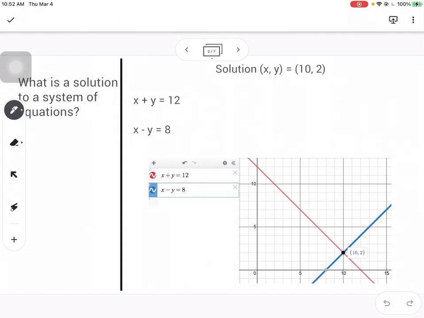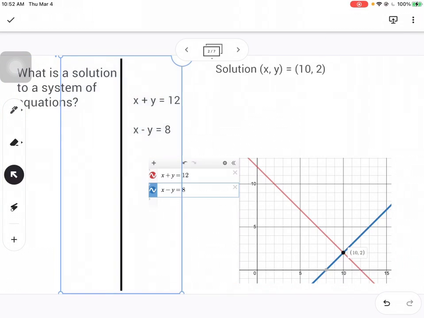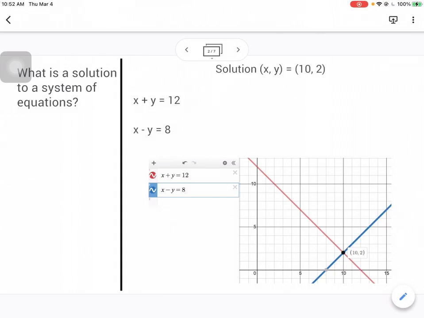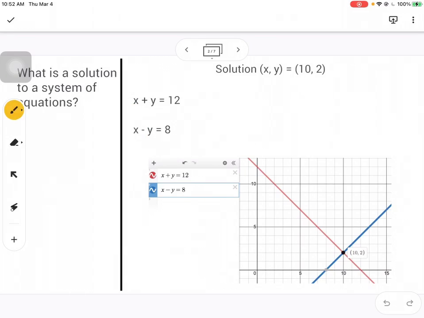Then pause this video and write down the question, the solution, and the two equations, and draw a sketch of the graph. Okay, so today we're going to talk about what is a solution to a system of equations.